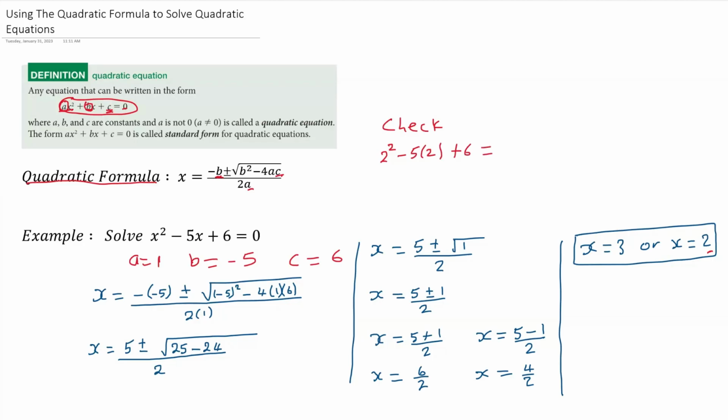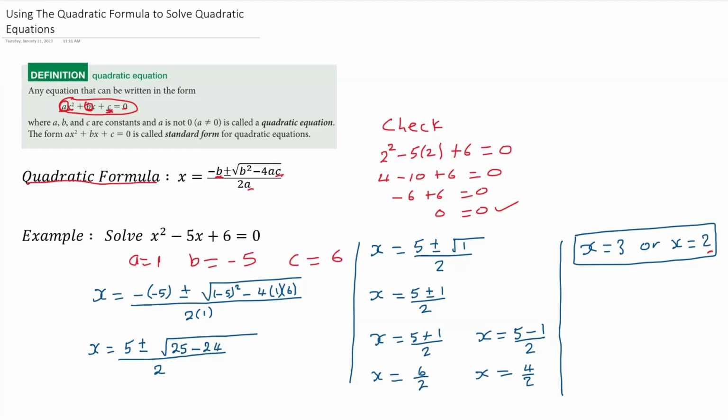Do I get 0? Well, 2 squared is 4, and 5 times 2 is 10, and plus 6. Is that 0? If you subtract 10 from 4, you get negative 6, plus 6, and so we get 0 is 0. So check, right? So 2 is actually a solution.